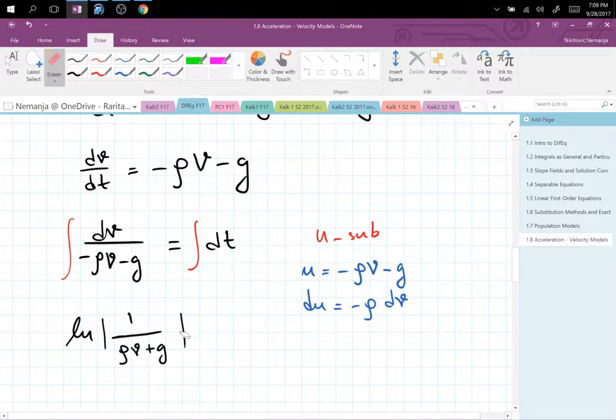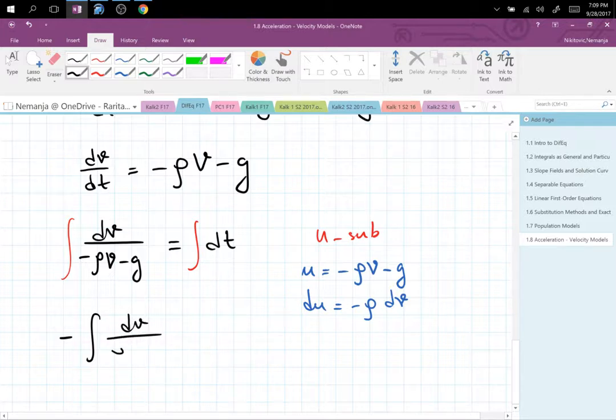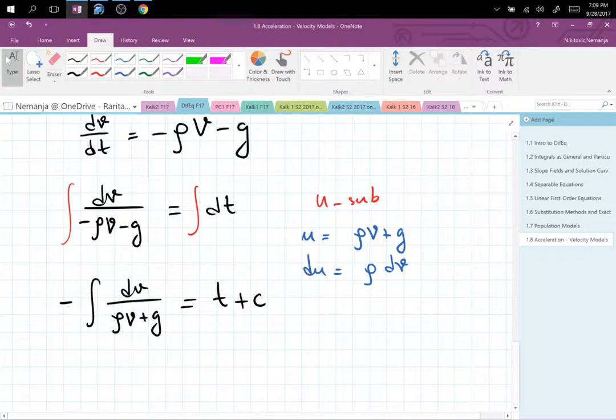Yeah, I don't like these minus signs, so what I'm going to do is pull out the minus sign here and have dv over rho v plus g equals t plus c on the right hand side. I'm going to change all of these minus signs into plus signs, so I have a minus in front, and that gives the whole thing a much better vibe.